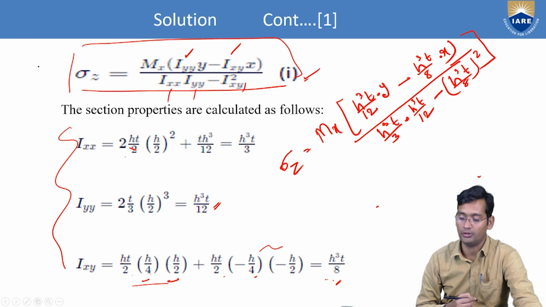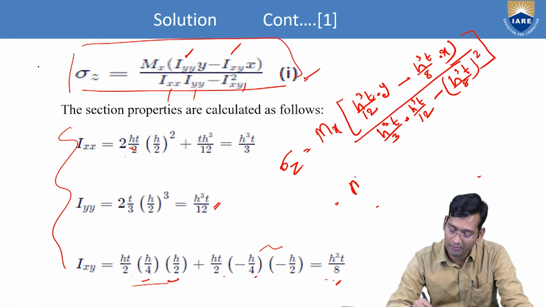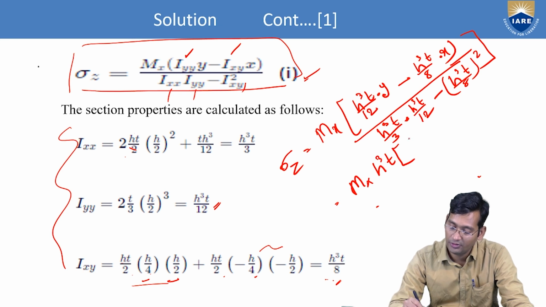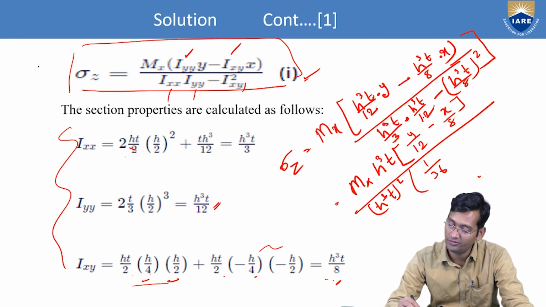Right. This is there. So now just see here, hQT we can take common. So Mx into hQT common. Right. So what will we get here? y by 12 minus x by 8, whole divided by, from here hQT square I am taking common, then what will we get here? 1 by 36, 12 threes are 36, minus 1 by 64.